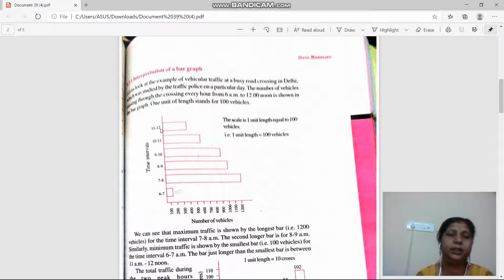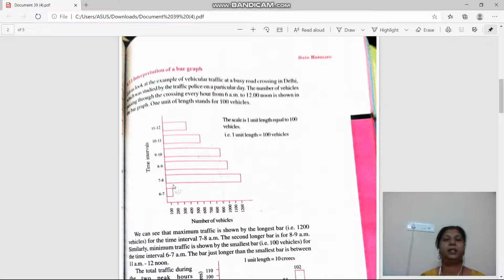On the vertical axis the time intervals are given: 6 to 7, 7 to 8, 8 to 9, 9 to 10, 10 to 11, 11 to 12. On the x axis the number of vehicles are distributed equally, that is 100, 200, 300 up to 1200.